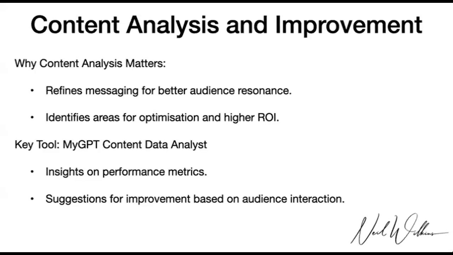It'll give you insights on the performance metrics down to an individual content post or article level. And it'll make suggestions. This is where the real value comes in. It doesn't just tell you the numbers and which one performed best. It will make suggestions for improvement based on audience interaction, based on the real information that maybe you can't see as a human being.